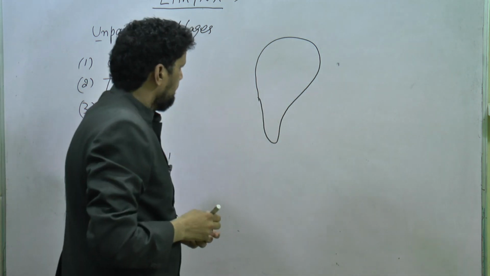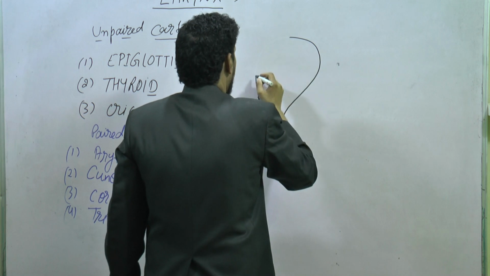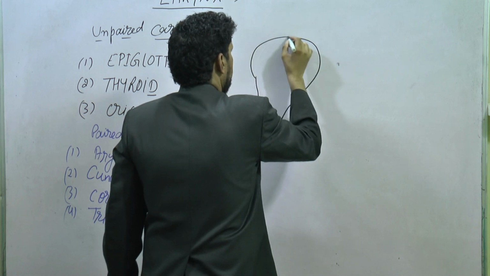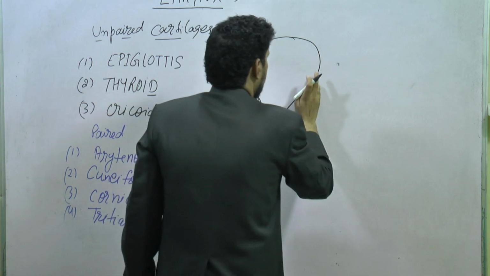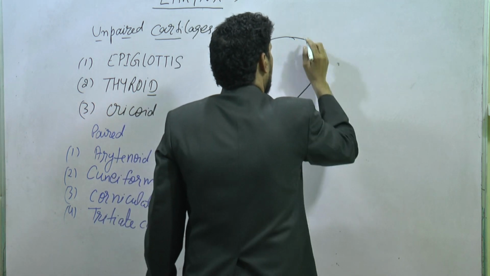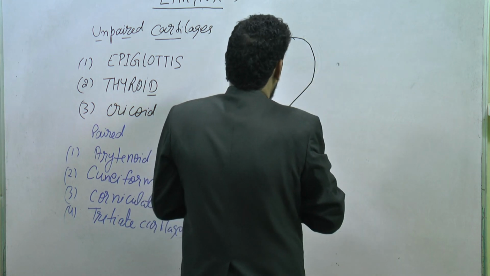So this is the shape of the epiglottis. Upper end is broad.